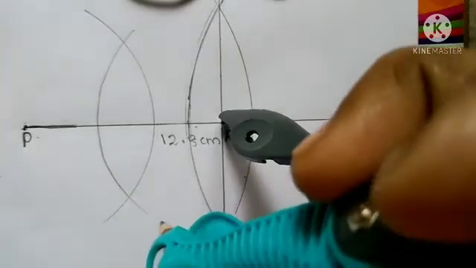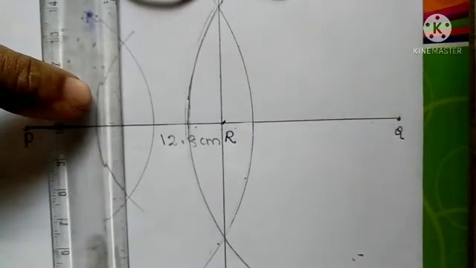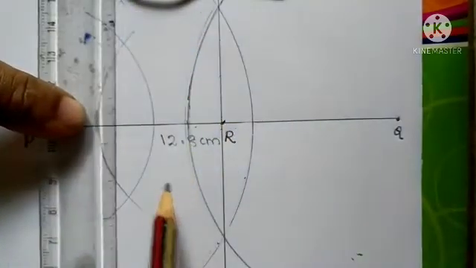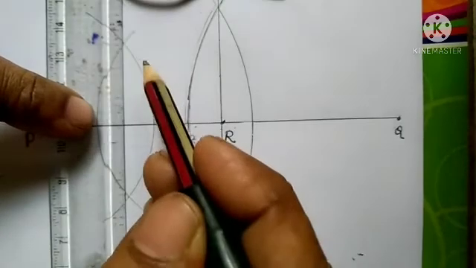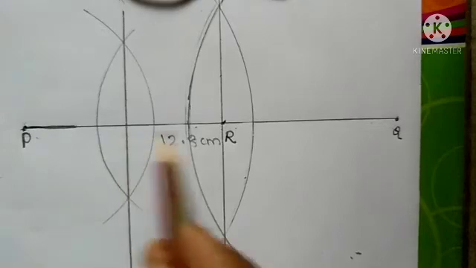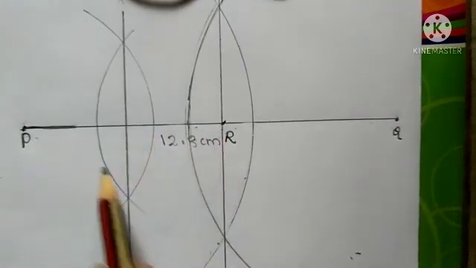Meeting point of these two arcs, we will join. Then this line segment is the bisector of PR.